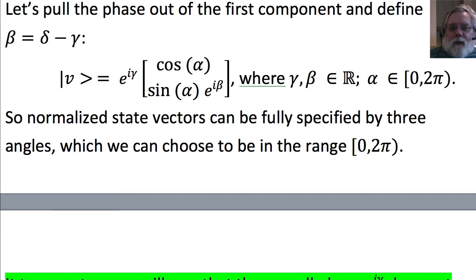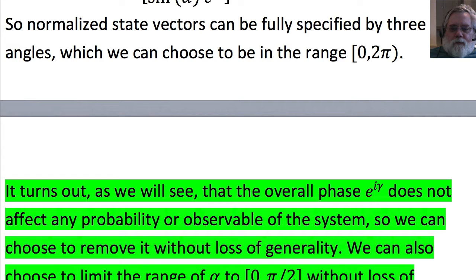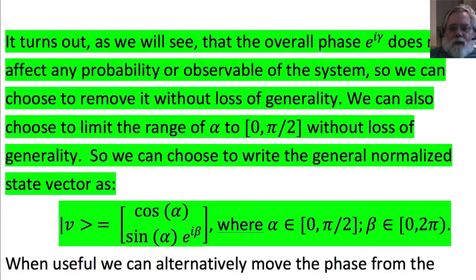But in terms of unique vectors, after we remove the overall phase, we can limit ourselves to the first quadrant for alpha. So alpha 0 to pi over 2. And that'll give us all of the state vectors that we need to figure out the physics of any two-state system.